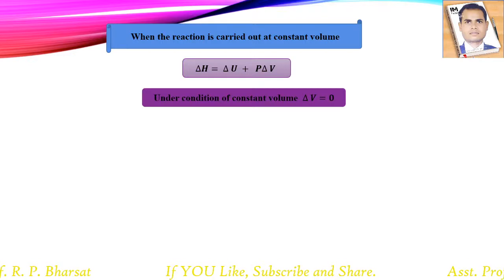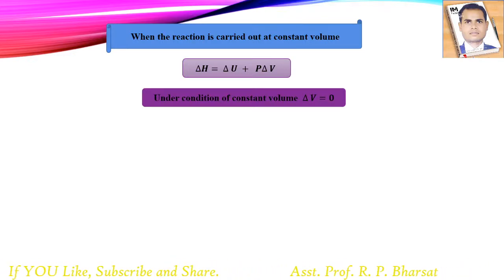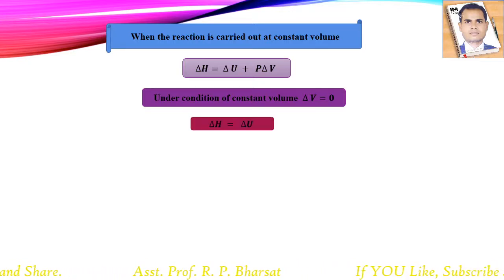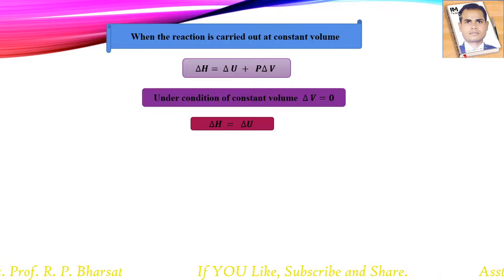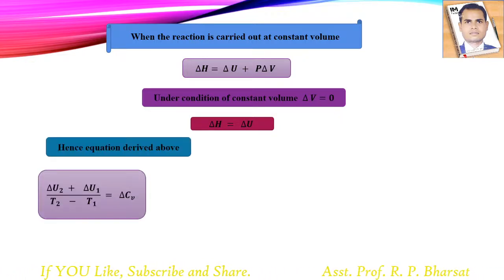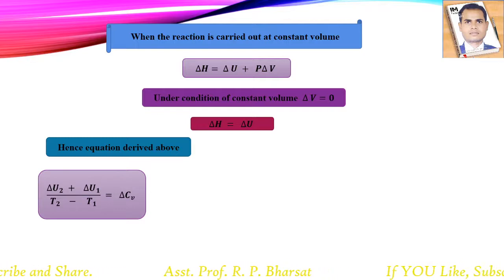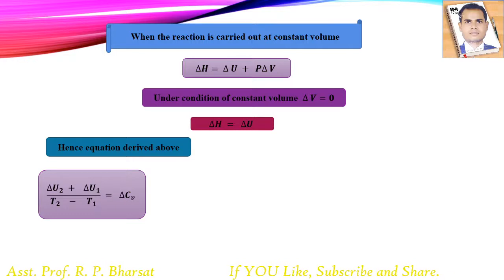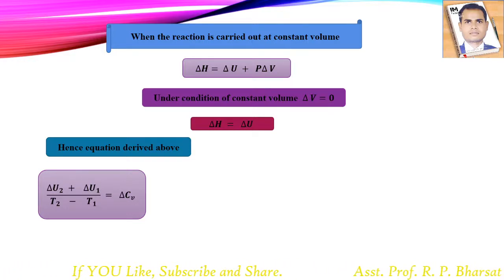Now, under the condition of constant volume, that is delta V is equal to 0, you will get delta H is equal to delta U. Yes, the equation derived above, you can see like this: delta U2 minus delta U1 divided by T2 minus T1 is equal to delta CV.